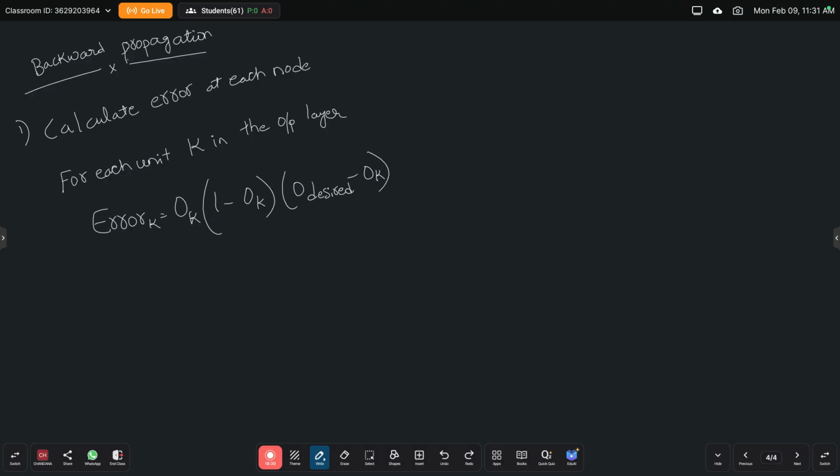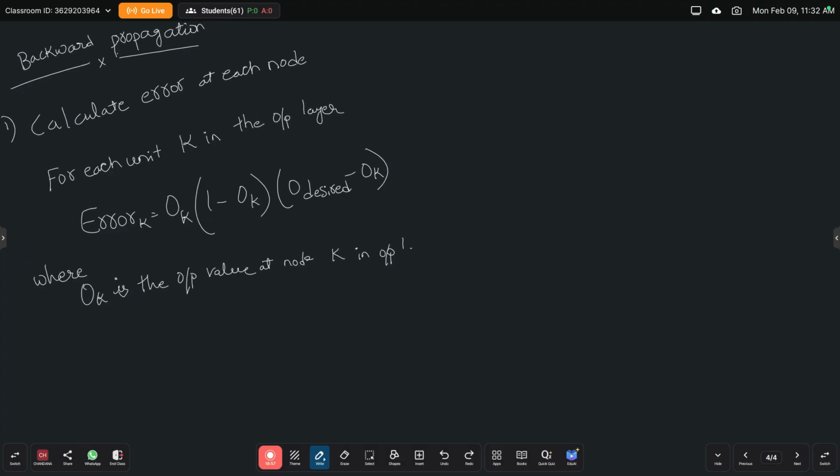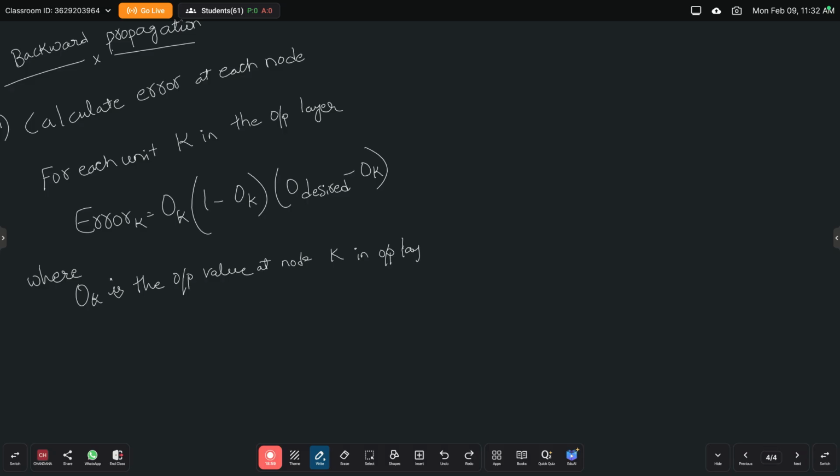Ok is the output value at node k in the output layer.